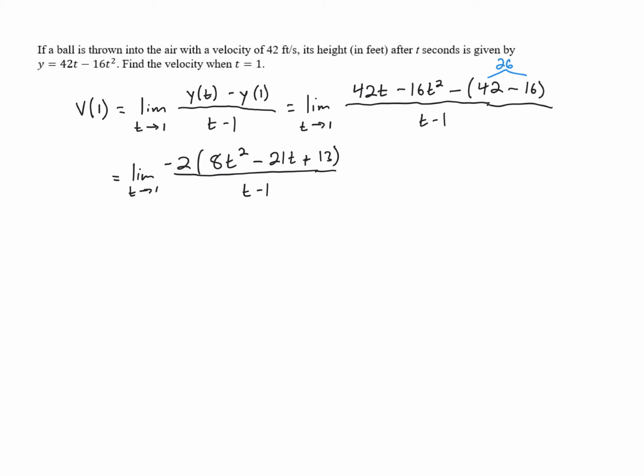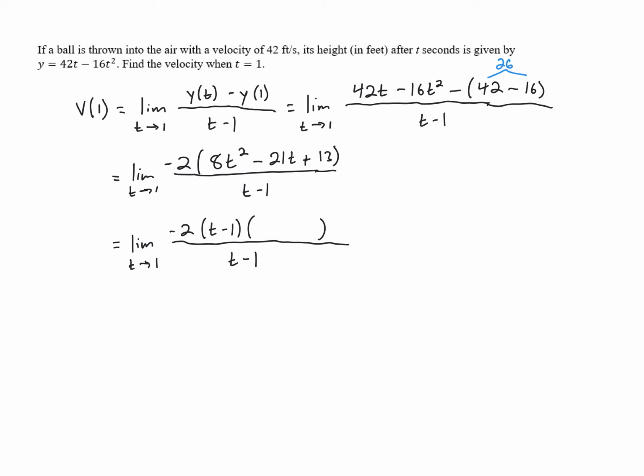Now, we are hoping to factor that numerator so that potentially we can cancel out that denominator, simplifying things and allowing us to evaluate this limit just by direct substitution. The only way that's going to work nicely is if there's a factor of t minus 1 in the numerator. So we could just start from scratch and use the AC method, but I'm going to take a guess here.